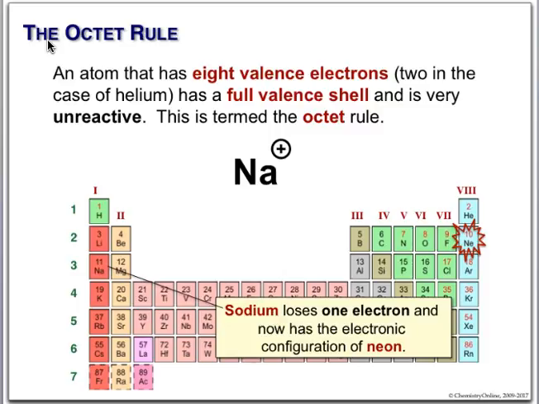The goal here is for these elements to have 8 electrons in their outer shell. It's called the octet rule. When you make compounds, you are shooting to get 8 valence electrons around an atom.